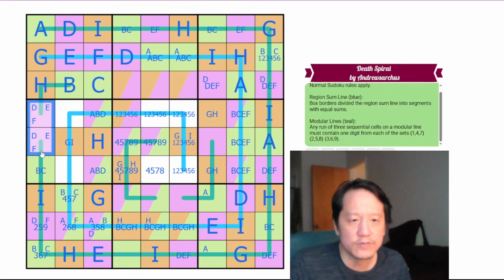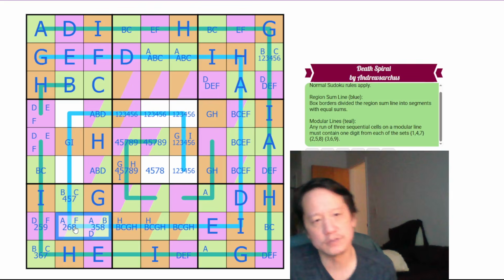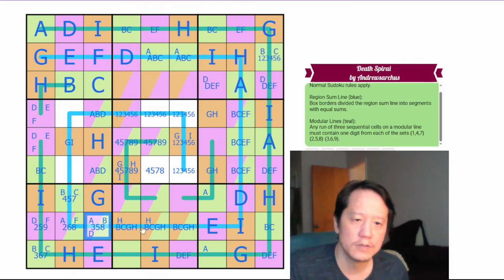E has to be one of these two. It could technically be F and A. We are not certain. This is A, B, and D. So this can't be B. Can it?